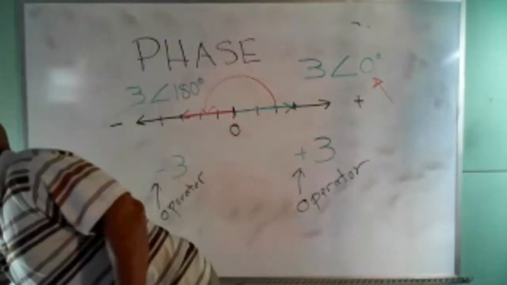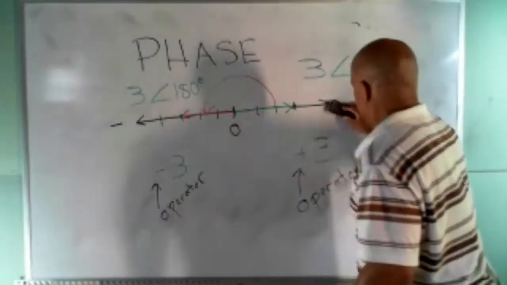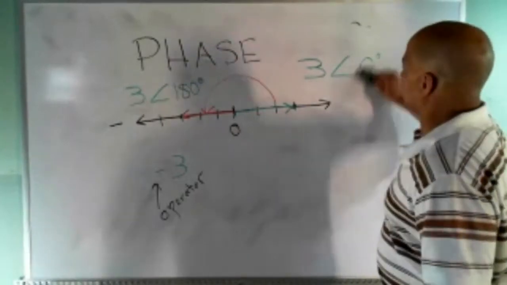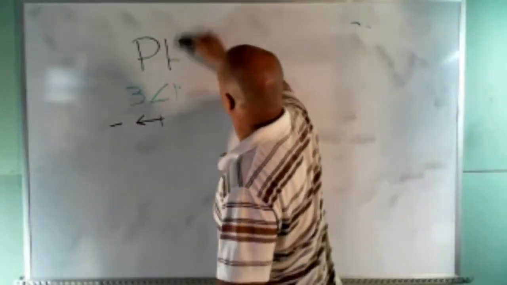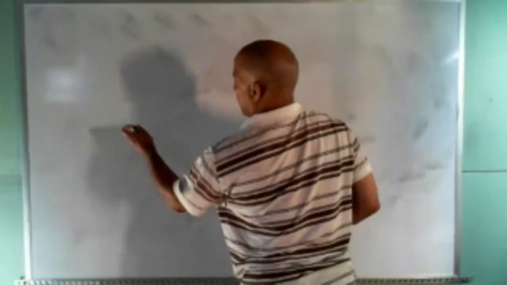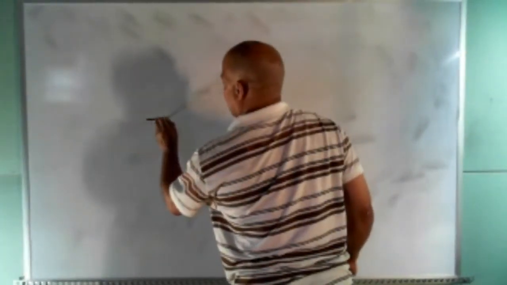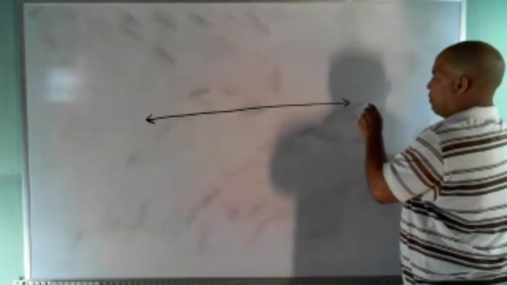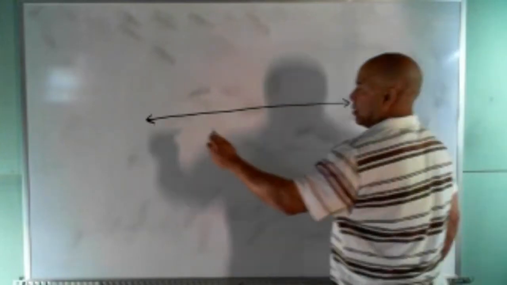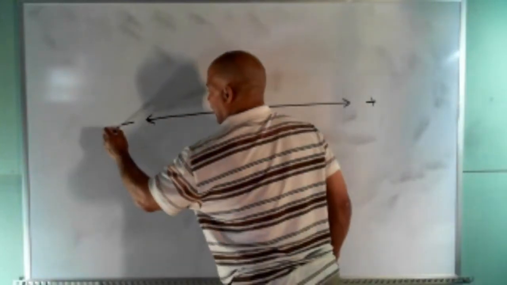So I want to introduce you to a coordinate system that's a little different. I'm going to start with my real number line, just like before. So these are real numbers. If I go to the right, I get bigger positive numbers. I go to the left, I get bigger negative numbers.